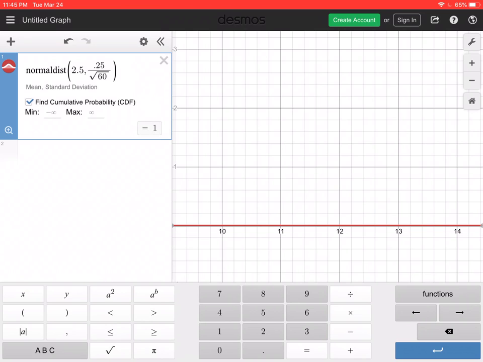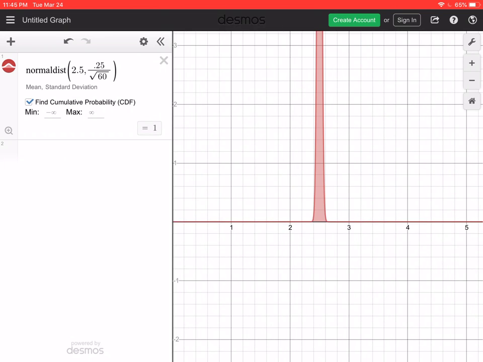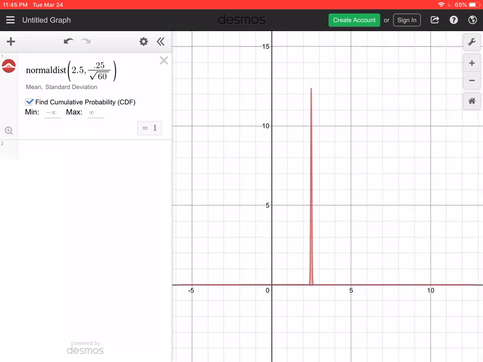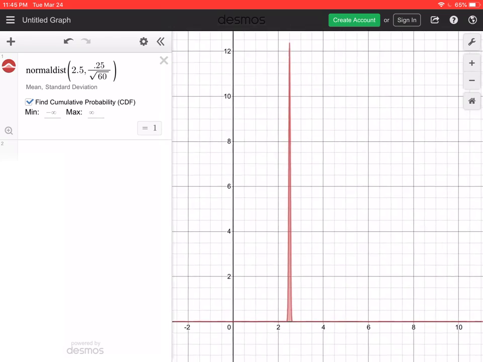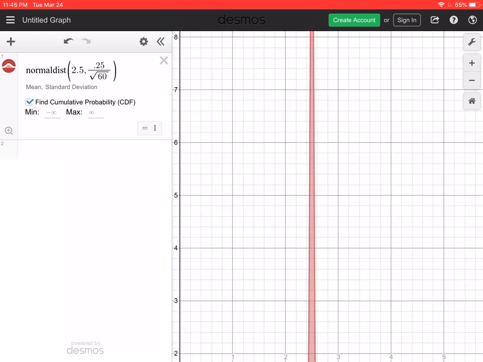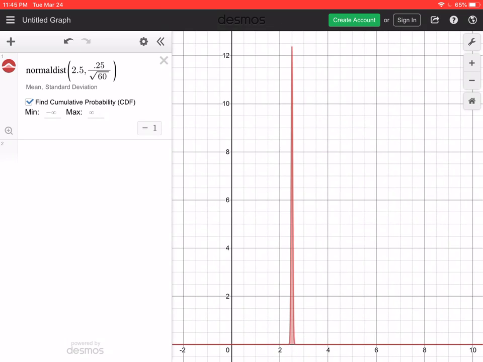Right now this says 1, because we're going all the way from negative infinity to infinity, encompassing everything. Let me find the curve. You can see the curve is very steep here. If we wanted to adjust the scale, we would need to do that manually.